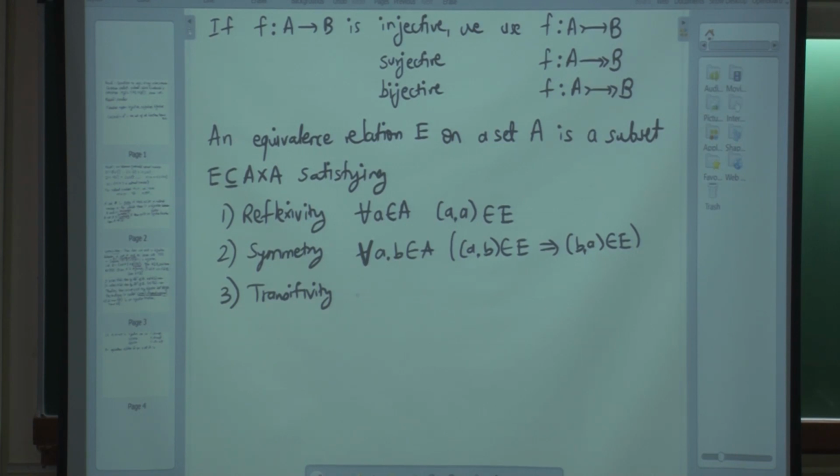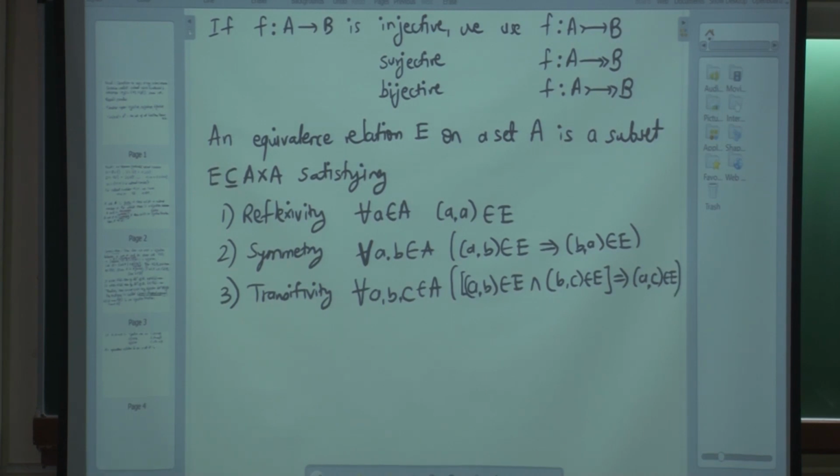We don't need to write double implication. For all a, b, c in A, if (a, b) belongs to E and (b, c) belongs to E, then that implies that (a, c) belongs to E.